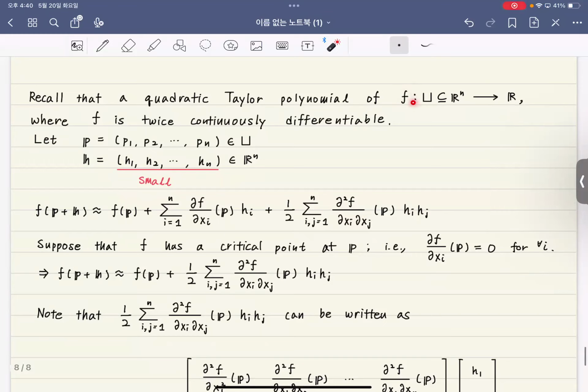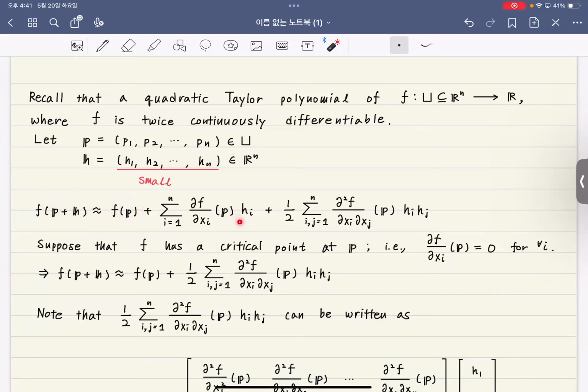f is a twice continuously differentiable function, P is the point of interest, and H is just a small vector. Then we are interested in the function value of f of P plus H. According to the theory of the Taylor series of a multivariable function, this can be approximated by the function value at P plus the linear terms.